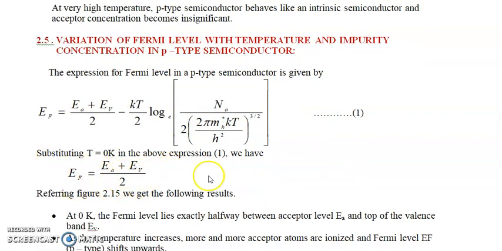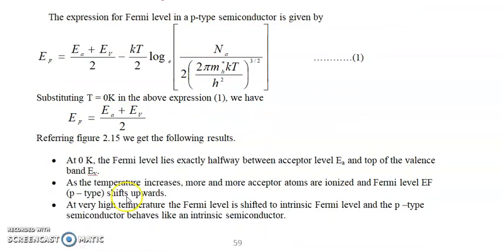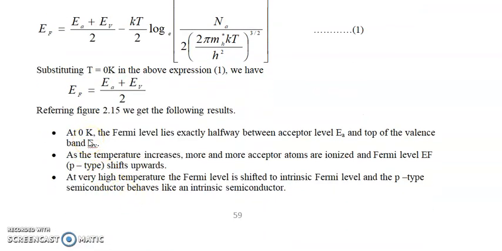This result clearly shows that the Fermi level in a p-type semiconductor is located exactly in the middle of the acceptor level and the valence band, at T equal to 0.